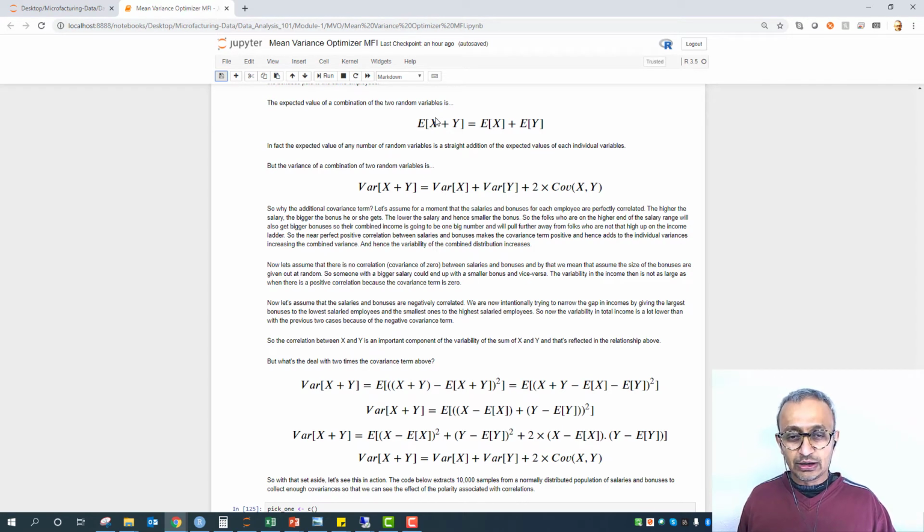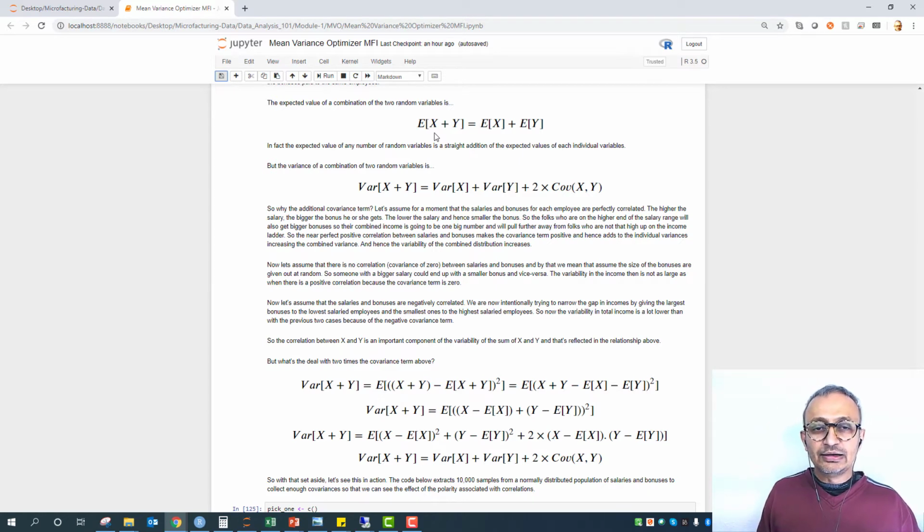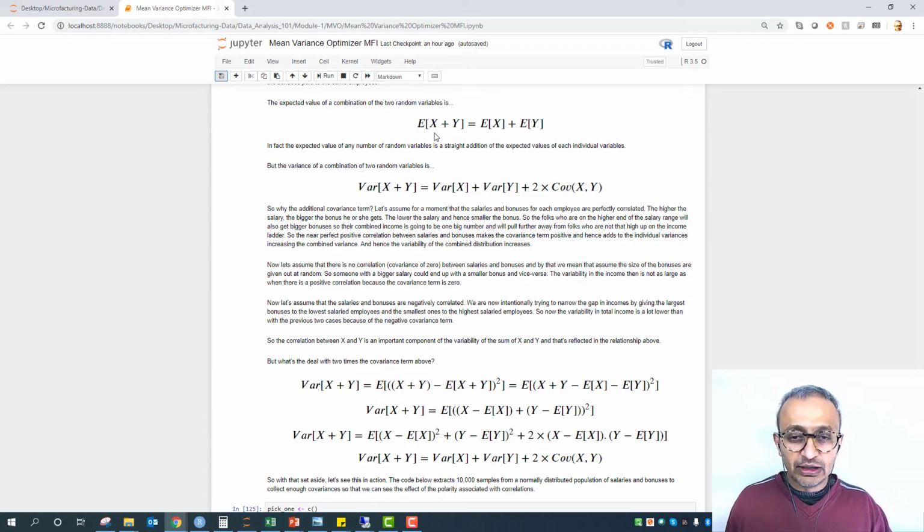By the way, X is quantifying the salary through a random variable, and Y is quantifying the bonus. So you can add up the means to calculate the average. For variances, as I said, you cannot add standard deviations, you have to add variances, and that's what we are doing.